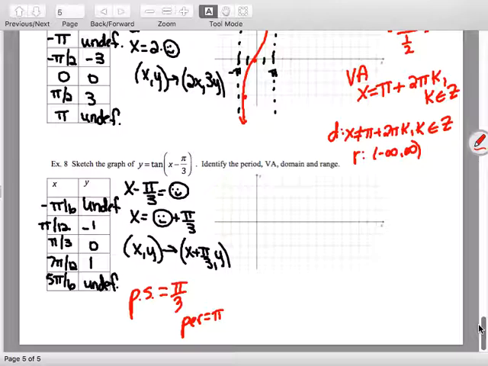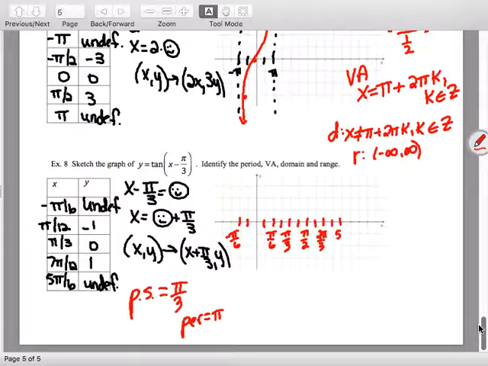Since my divisions were pi over 12, this one was tricky. So I went by 12ths, but it really stretched it out. Because then I did every other tick was pi over 6, so 2 pi over 6 reduces to pi over 3. 3 pi over 6 reduces to pi over 2. 4 pi over 6 is 2 pi over 3.